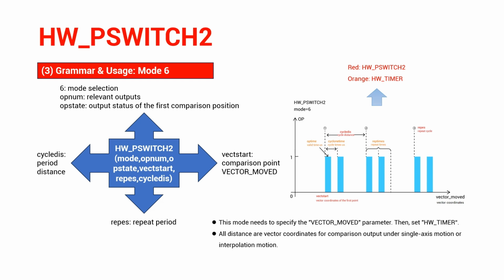Then see the usage. That is the grammar. The first three are the same as Mode 1. Vector start means the vector distance is compared, namely the current running vector value. But it is different from depose and mPose. Depose and mPose are relative distances.